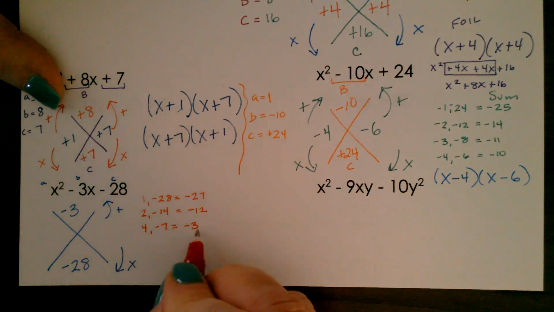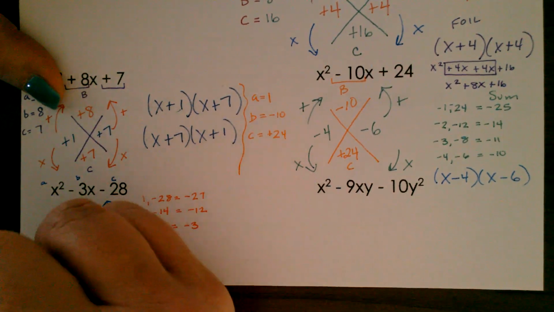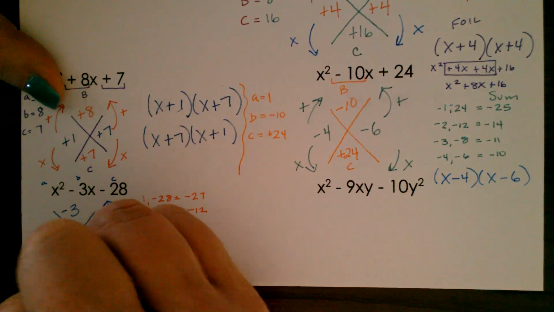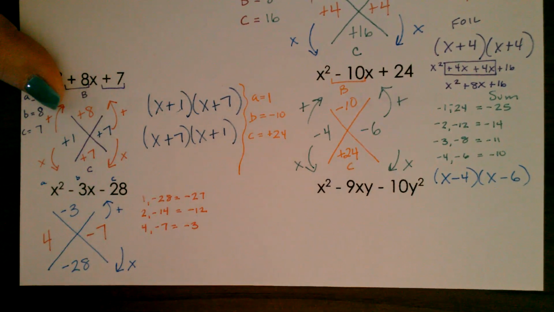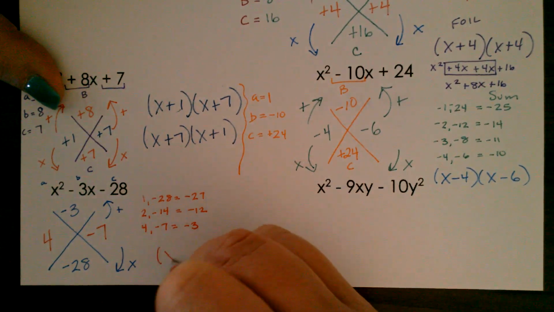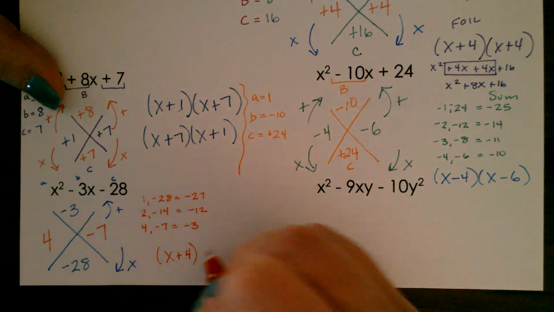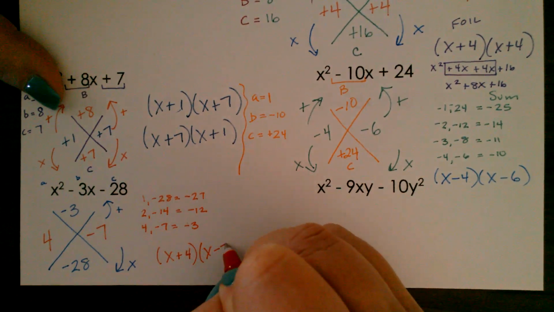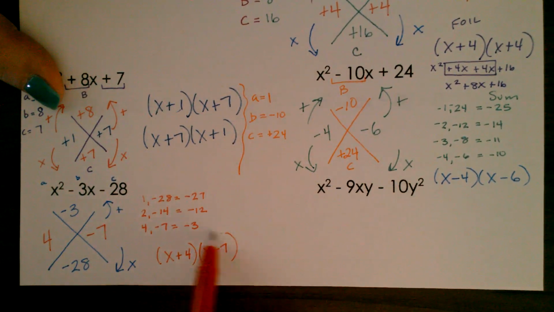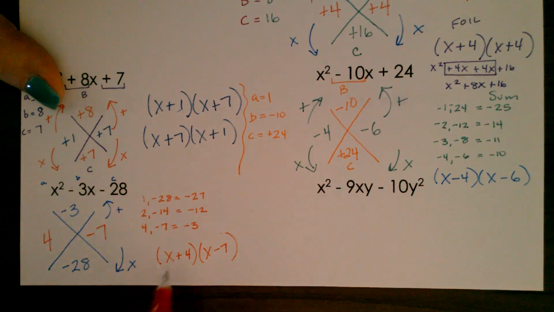That gets me a sum of negative 3. So 4 and negative 7. x plus 4 times x minus 7 gets me factored form, so I can factor this trinomial.